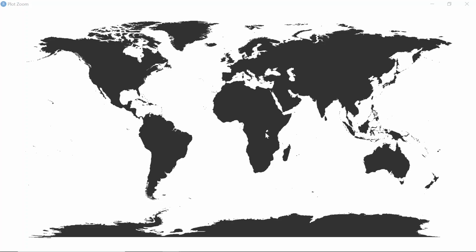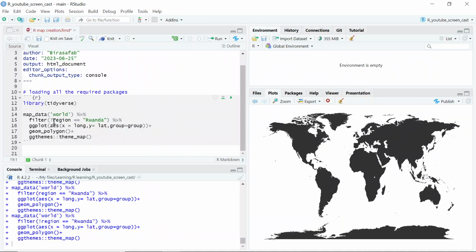If I negate my function here, I tell R to remove the geolocation data related to the region named Rwanda. This is the negation. This is how we negate within the filter function.